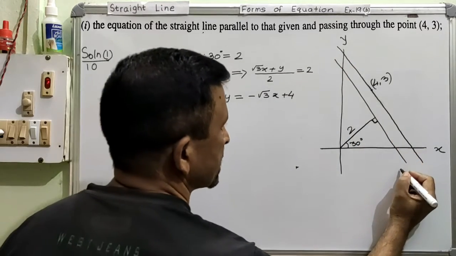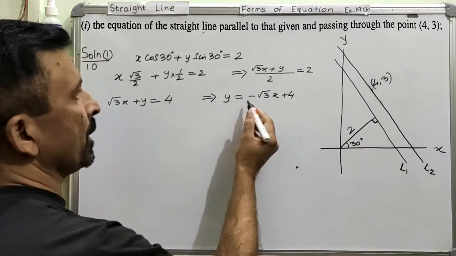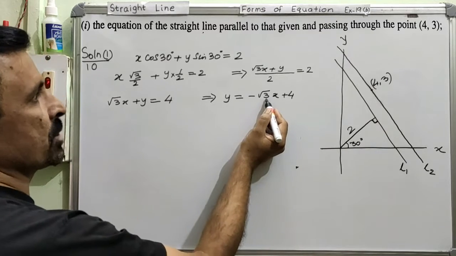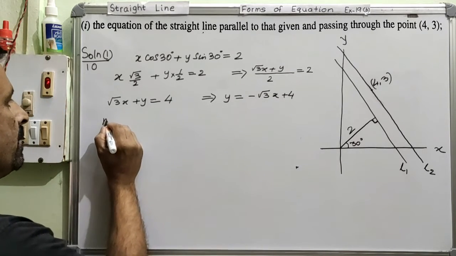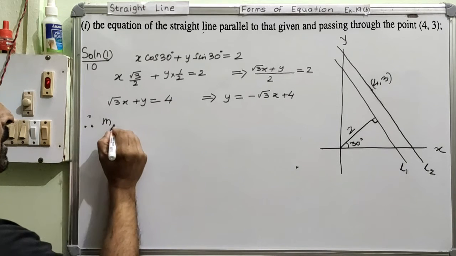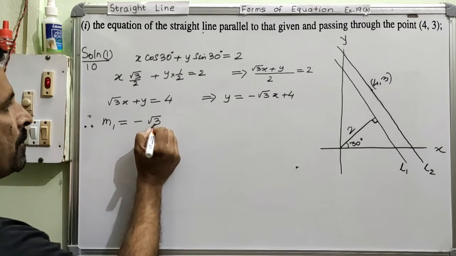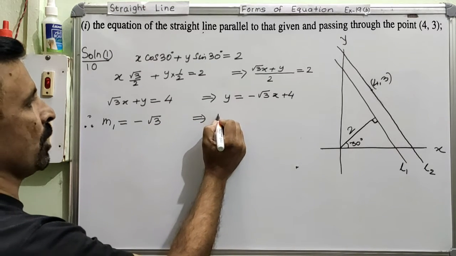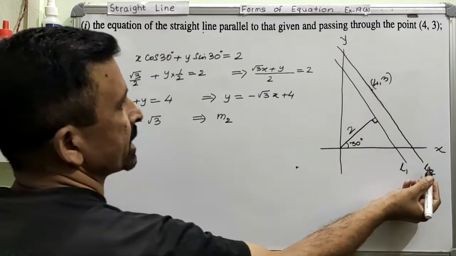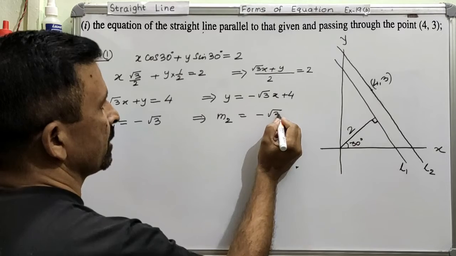If I say this is L1 and this is L2, then the slope of L1 is minus root 3. Slope is the coefficient of x. So M1 is equal to minus root 3, and therefore the slope of L2 will also be the same, M2 equals minus root 3.